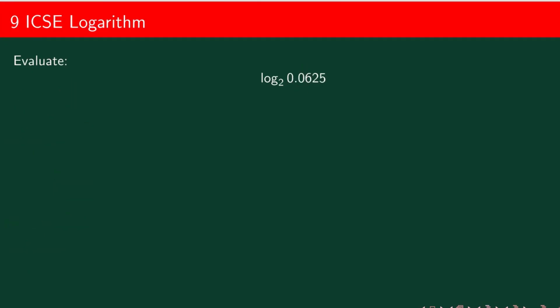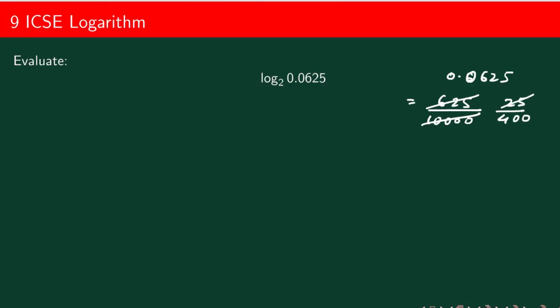Now what we have over here is 0.0625. So 0.0625 can be written as, there is 1, 2, 3, 4 decimal places, so that is 625 over 10,000. So 25 goes 25 times, and this will be 400 times.